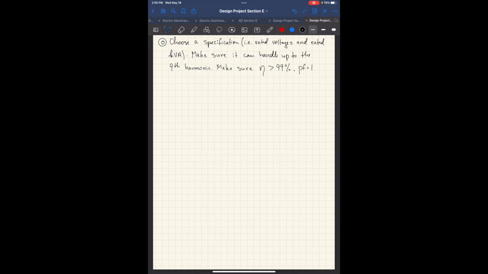So, let's start with the example that I have here. The transformer that I'm going to build is a 100 kVA, 6600 volt to 600 volt, 60 hertz transformer.